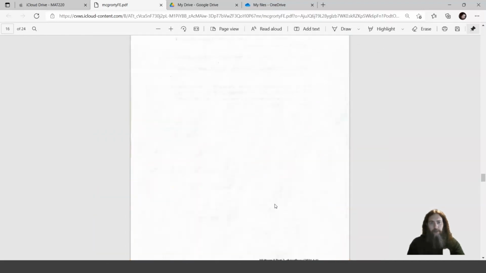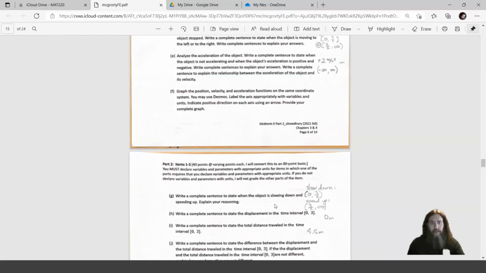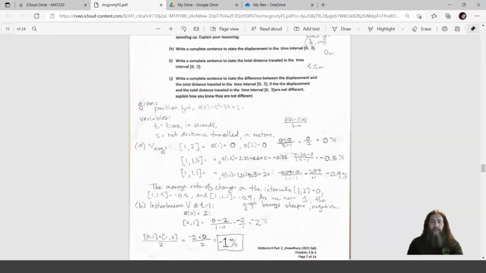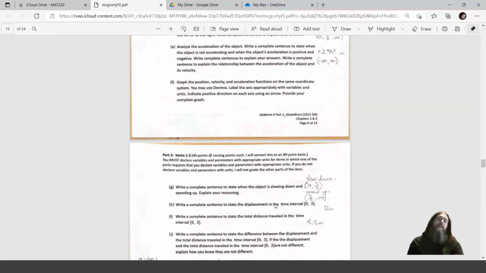So then the last portion of that would be the difference between displacement and total distance traveled. And I think I went over that. So displacement is how far away from its original starting position the object is, and total distance traveled is, regardless of where it is now, how far has it traveled, how much distance has it covered, regardless of its current position and how close that is to where it started.